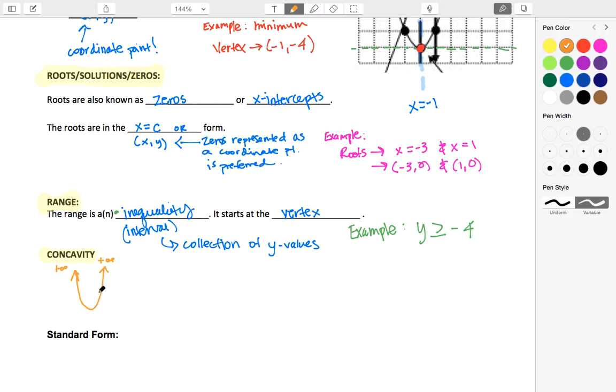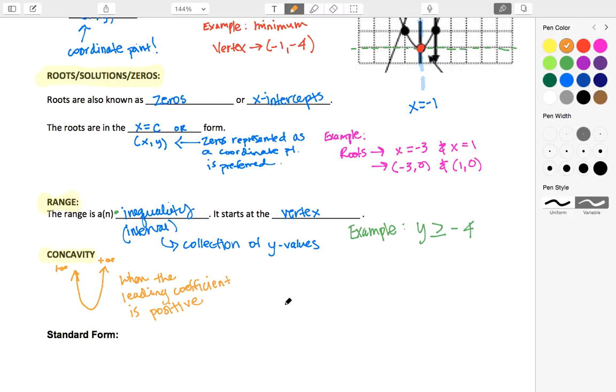So then the way to see this algebraically, it's when the leading coefficient is positive. That means the shape of our parabola is going to be upwards. So it's going to basically have like a smiley face.